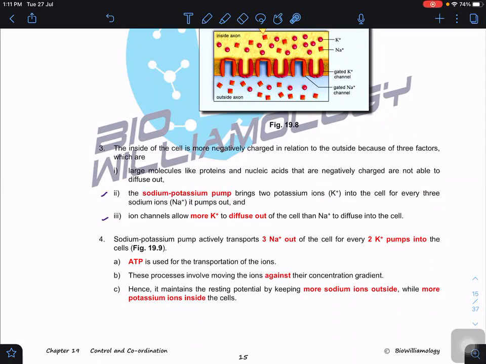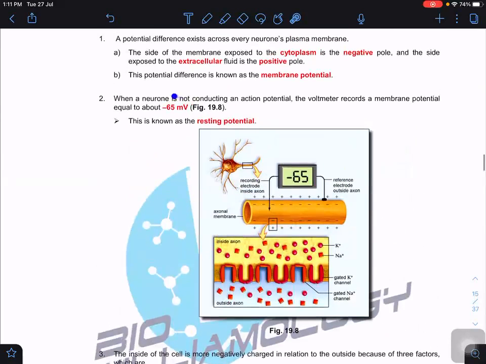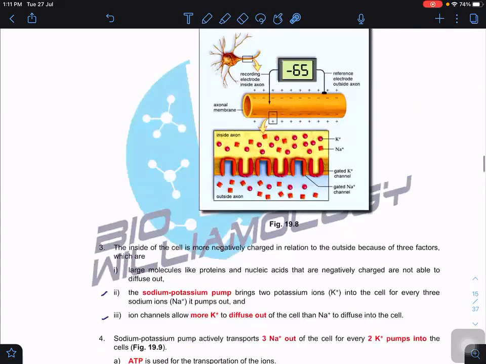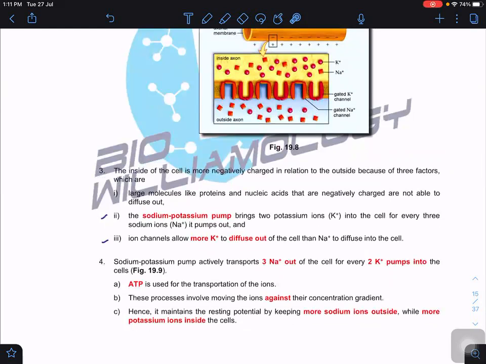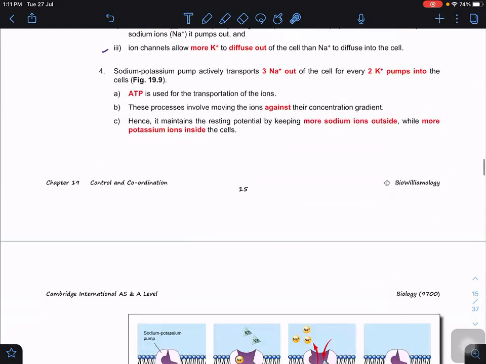And also the ion channels allow more K plus ions to diffuse out compared to the sodium ions. So therefore, with these two mechanisms, we will be able to establish the membrane potential of roughly negative 65 millivolts. Later, I will show you how we can achieve this membrane potential. So let us go through the notes first, then later we can see.